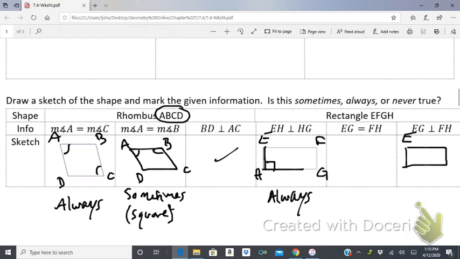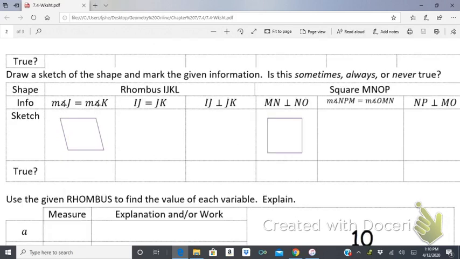E, F, G, H. And now it wants EG and FH. It wants to know if that thing right there is a right angle because it's perpendicular. And again, this is sometimes true, when this thing is a square. Because if something is a square, it's also a rectangle.